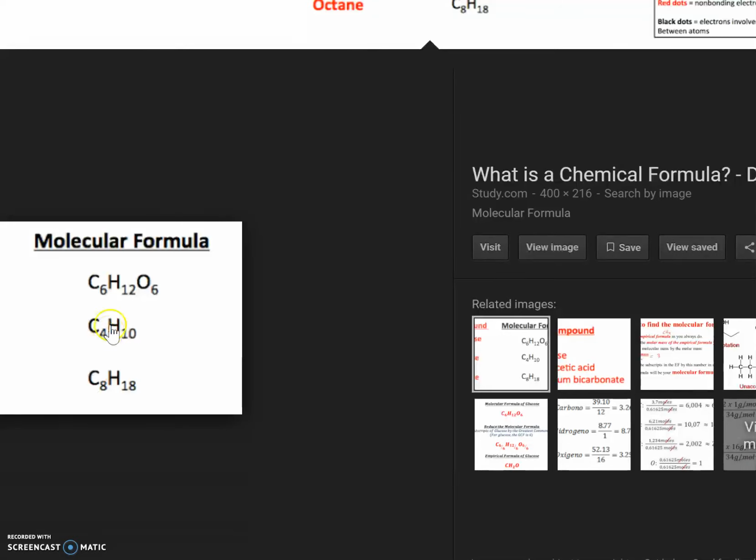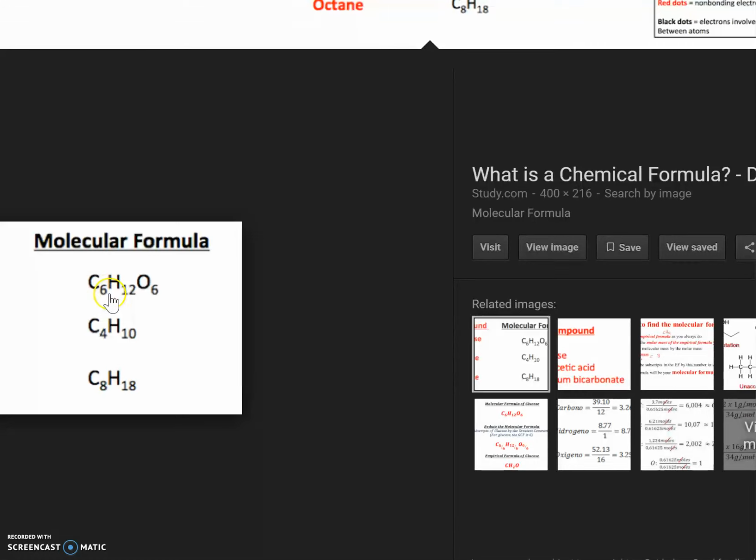Example of a molecular formula. This one right here is glucose, also known as sugar. You can see the chemical symbol for carbon, C, the chemical symbol for hydrogen, H, and the chemical symbol for oxygen, O. And the subscripts, the ones that are below the normal writing line, those tell you how many of each of these elements there are in this compound.